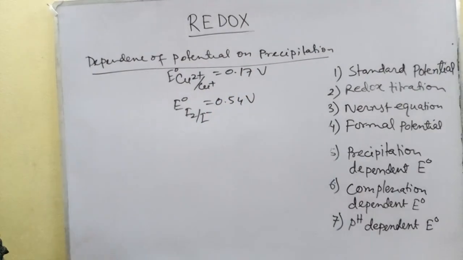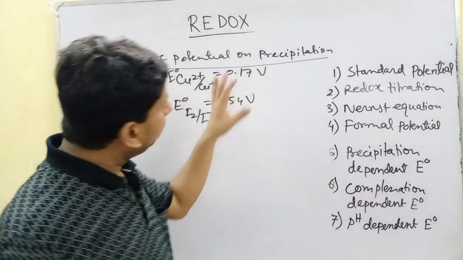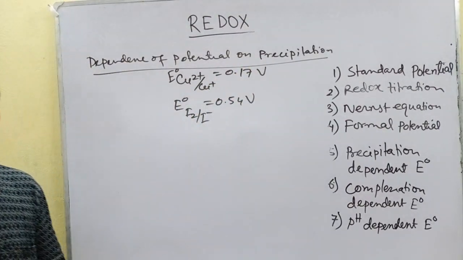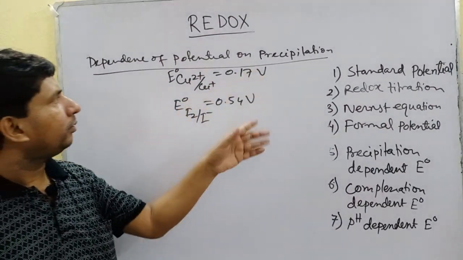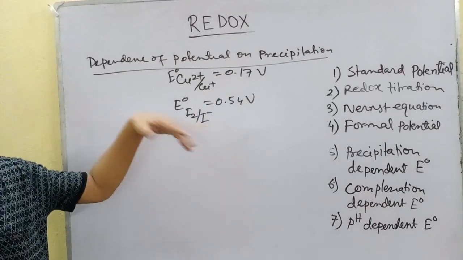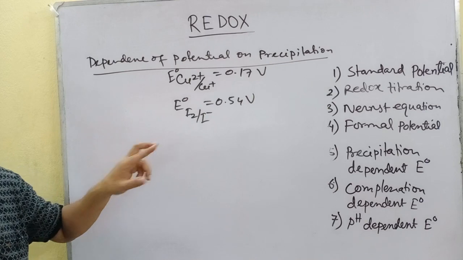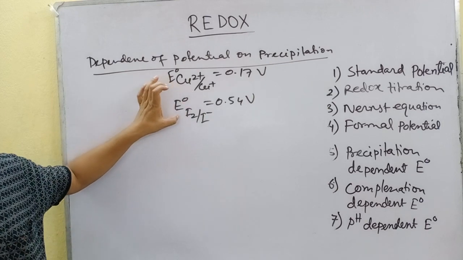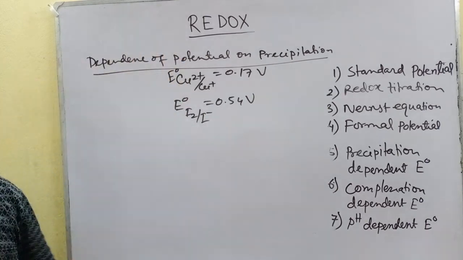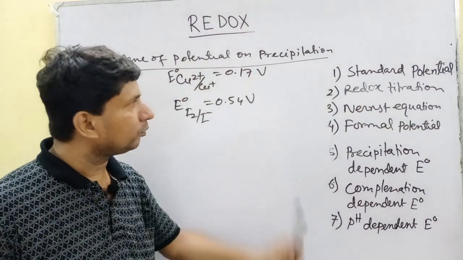Okay, now you can compare these two reduction values, and which one is higher? Iodine to iodide. That means this reduction potential is higher than the other.